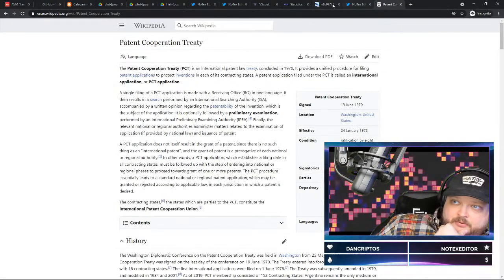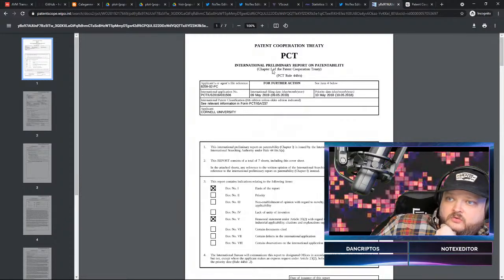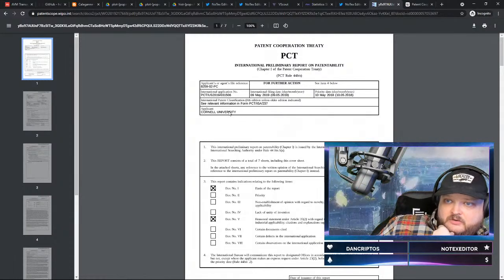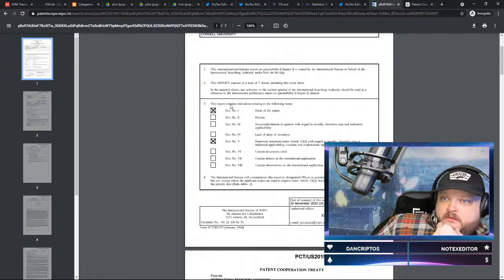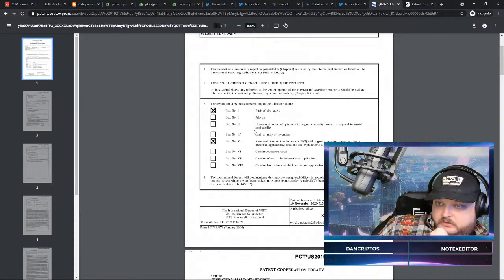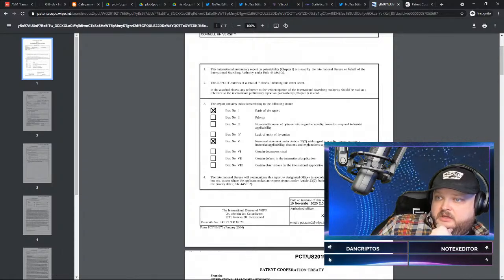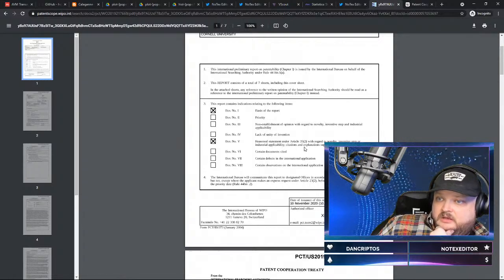This thing came up. There's a question of the patentability by Cornell University. It's really the following. Its basis of report. I am not a lawyer, so I don't know what this means. But recent statement on Article 35.2 with regard to novelty, inventive step, or industrial applicability.